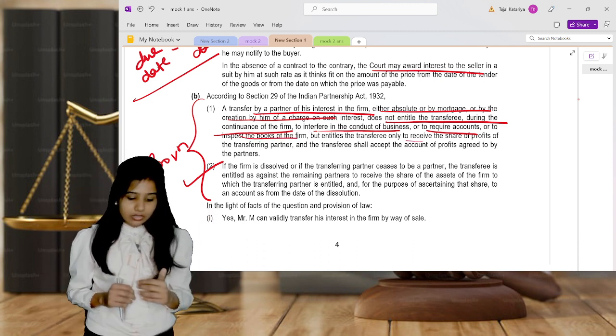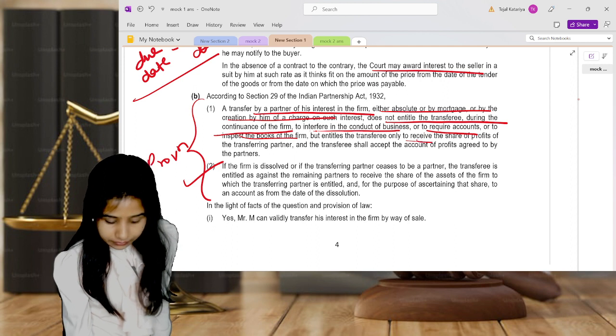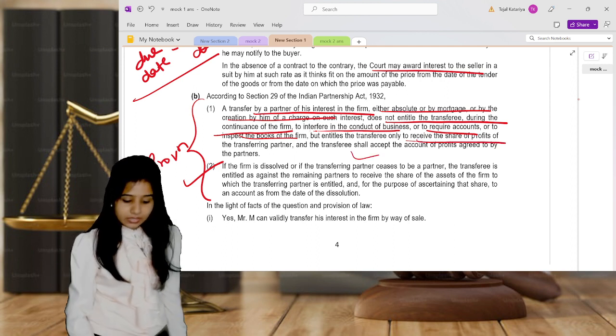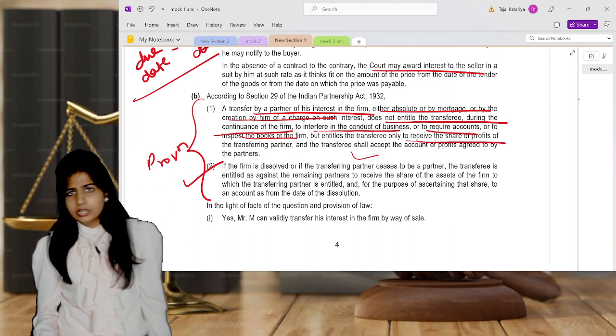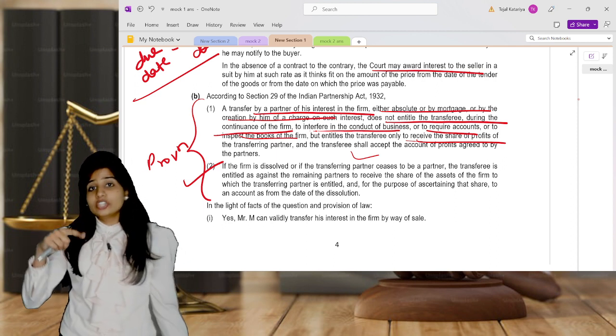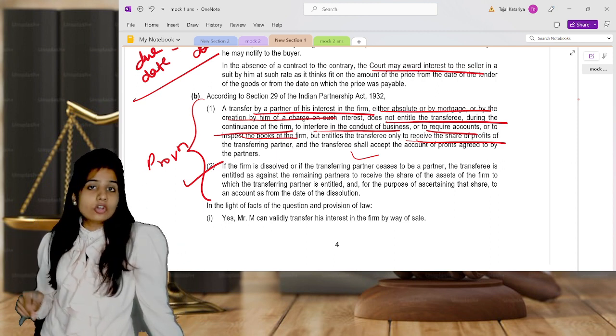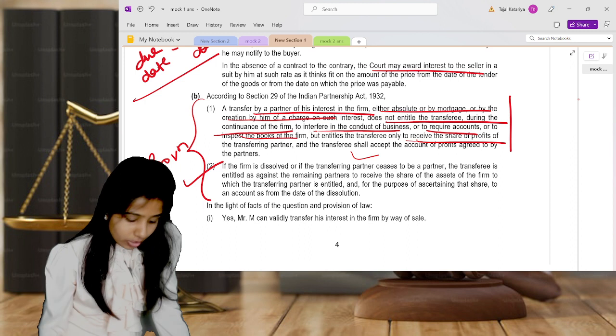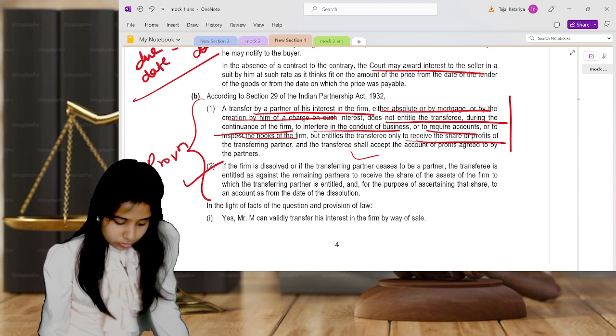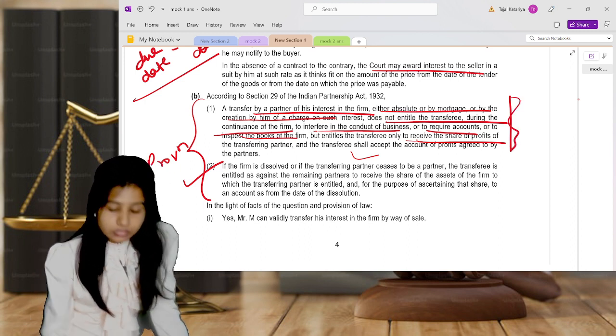He is only to receive the share of the profits, and he cannot ask for any books of accounts to go and check whether the profit share is right or wrong. He cannot inspect that. So this was the first situation.